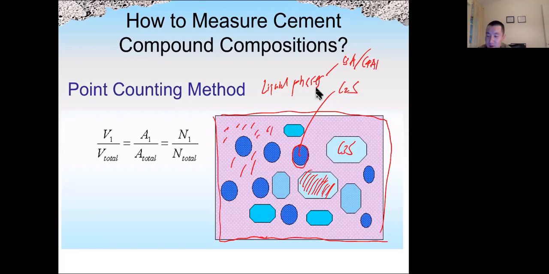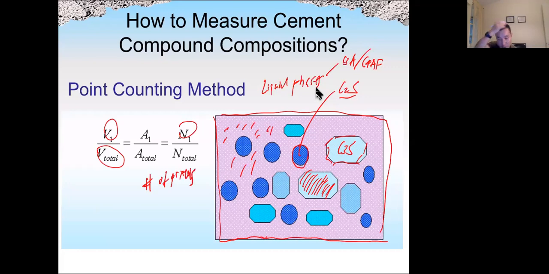C4F. Okay, so let's say we take a picture of a cross section, and we want to know the volume percentage of different phases, different compounds. We can count the areas of different phases in these pictures by counting the number of pixels for each phase.